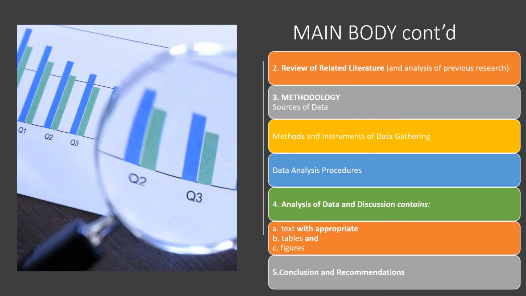As I have already told you, in the main body, after the introduction, we have the review of related literature. We then have a methodology where you highlight the sources of data, methods and instruments for data gathering, data analysis procedures, and then you move to analysis of data and discussion section. At times it happens that people try to formulate a separate section for discussion.